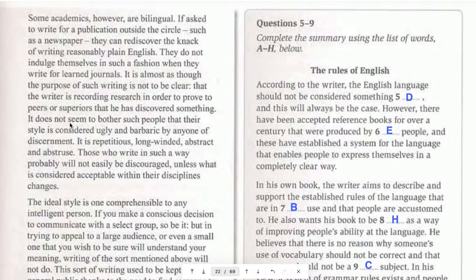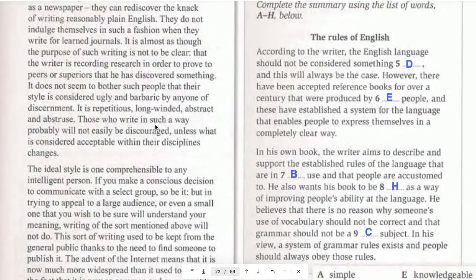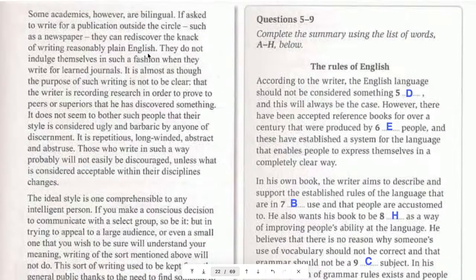It doesn't seem to be on a search because that is considered ugly in other than one of segments. Go on. It is repeat versus long winded, abstract and abstruse. Yeah. Those who write in such a way probably will not easily be described unless what is considered acceptable within their received by chance. Okay. Yes, that's right. Okay, so the answer is right there.